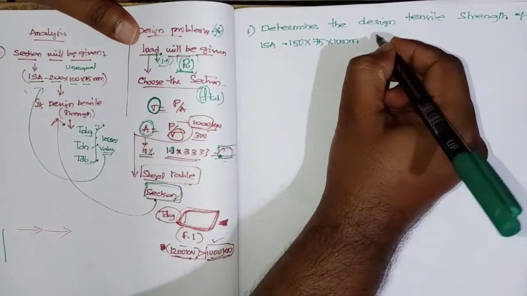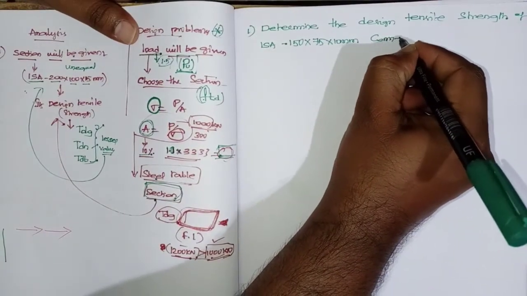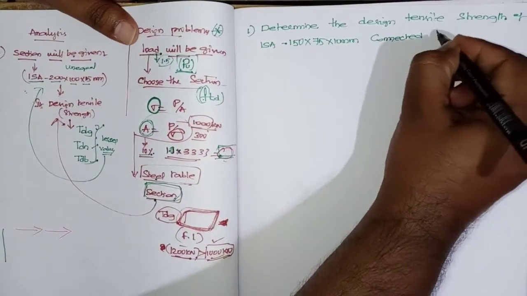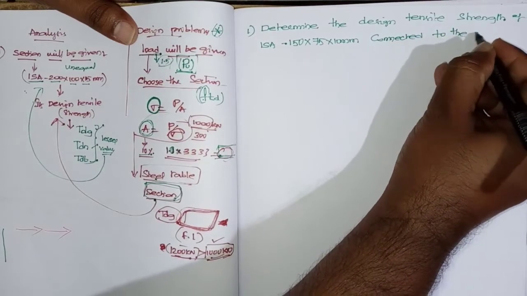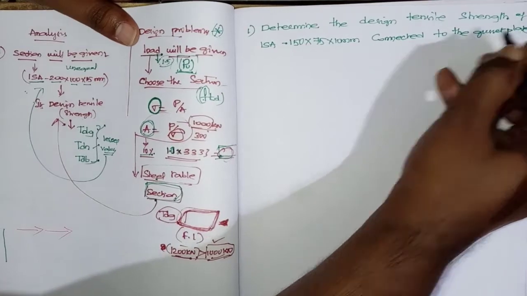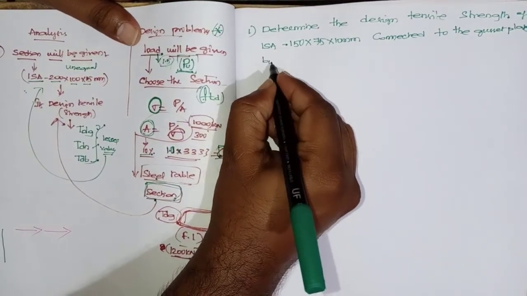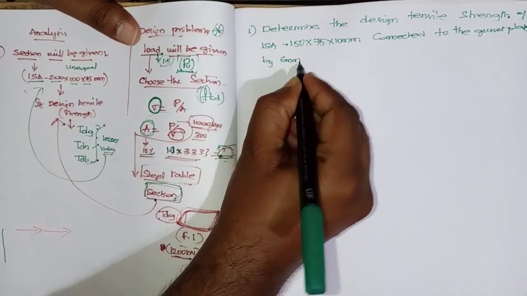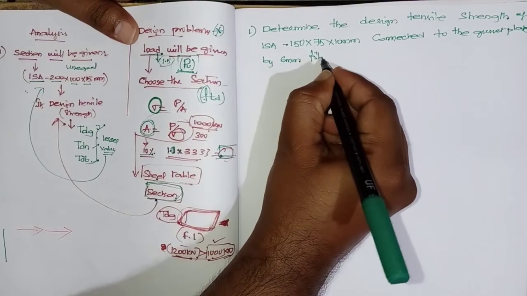It is connected to the gusset plate by 6 mm fillet welds.